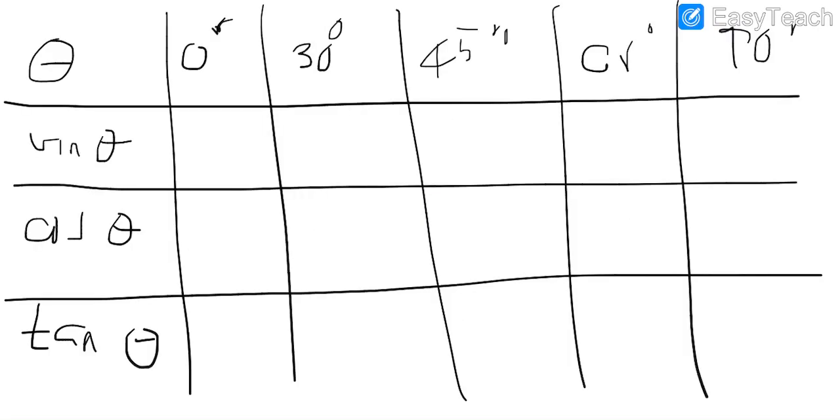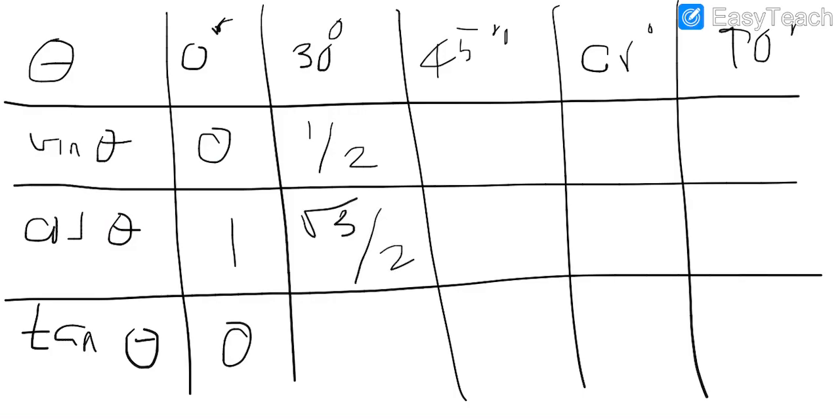Now, here, sine of 0, that is 0. Cosine of 0, that's 1. Tangent of 0 degrees, that is also 0. Next, sine of 30 degrees, that is 1/2. Cosine of 30 degrees, that's square root of 3 over 2.